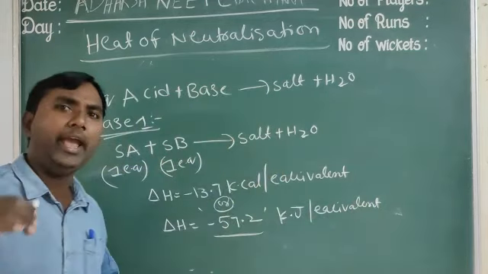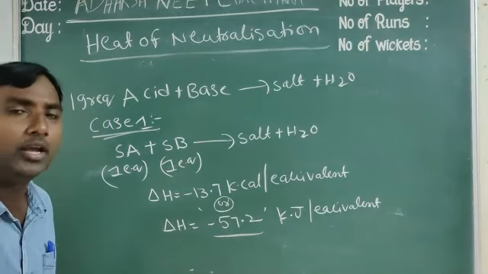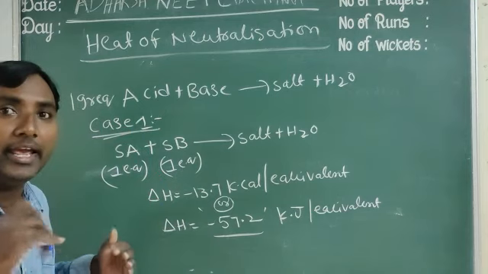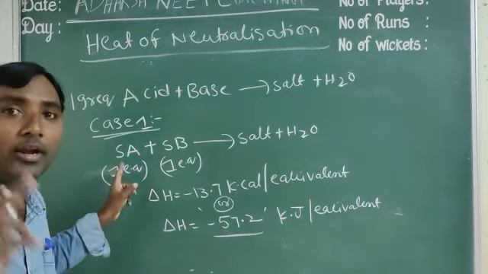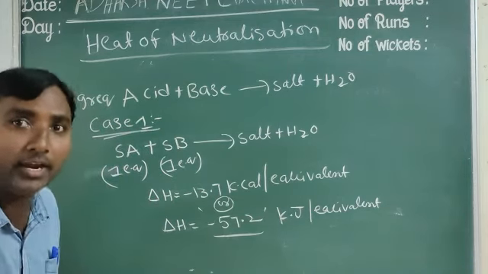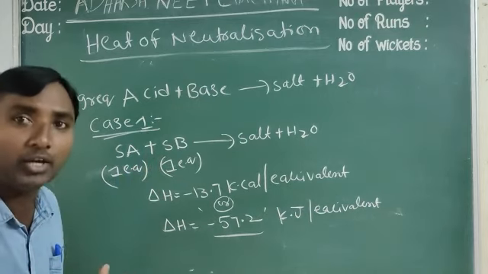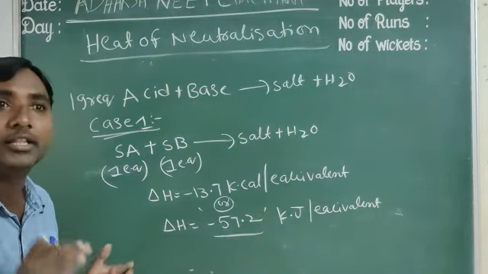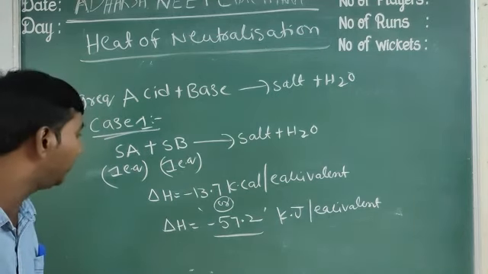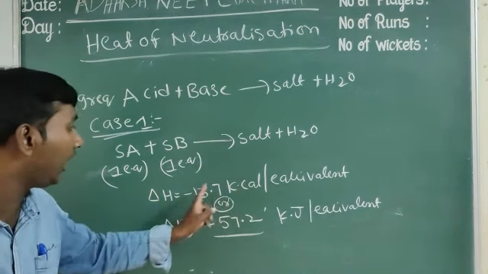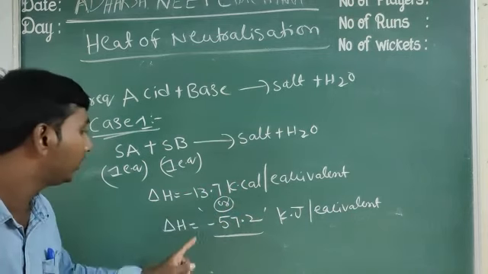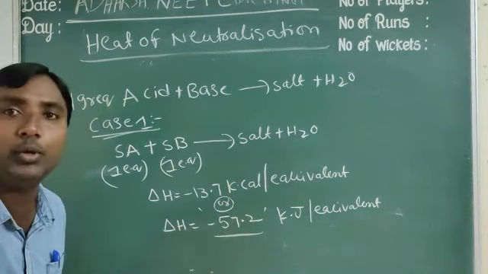Okay, so any acid, any base, but strong acids and strong bases: 1 gram equivalent of strong acid and 1 gram equivalent of strong base undergoing neutralization, the energy released is, in kilocalories, minus 13.7, in kilojoules, minus 57.2.